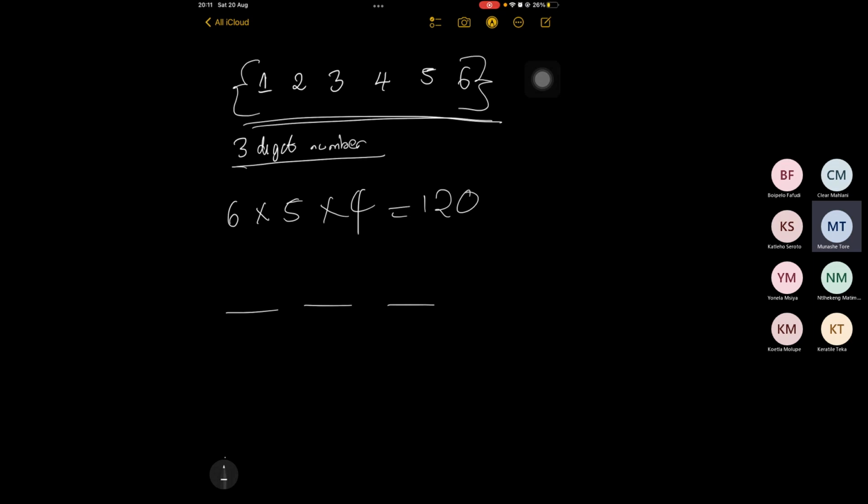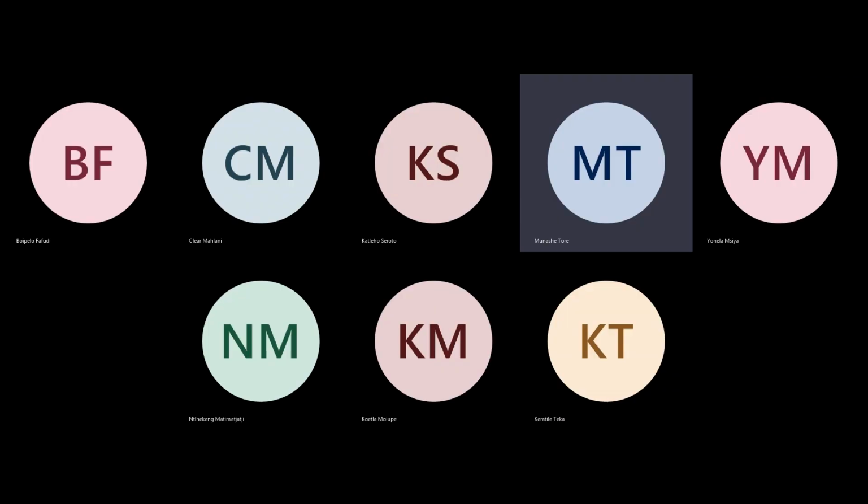Wait, is this correct though? Sorry, I'm using a calculator that I'm familiar with. So yes, this is what I wanted. Yeah, it is the same, 120.